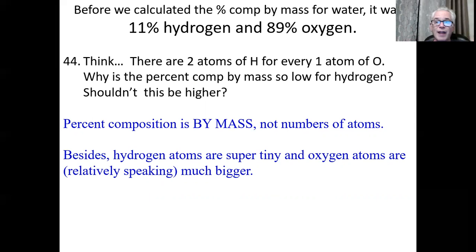We're counting 2 grams to 16 grams for the water, hydrogen, oxygen. 2 grams out of 18 versus 16 out of 18. It's by mass, and some atoms are a lot bigger than other atoms. Hydrogen's really, really little, and oxygen's not very big compared to some of the big ones, but compared to hydrogen, it's giant size. 2 blueberries, 1 cantaloupe. This is 2 hydrogens, 1 big oxygen.